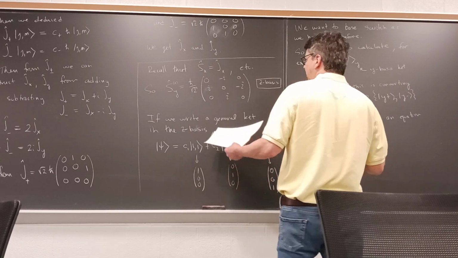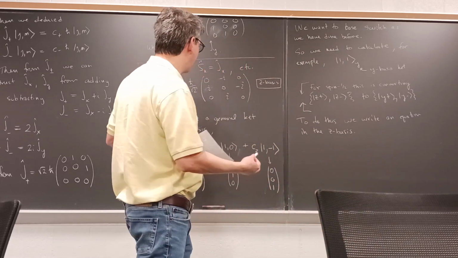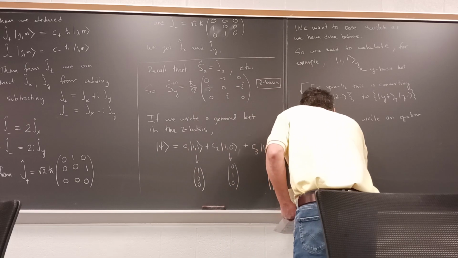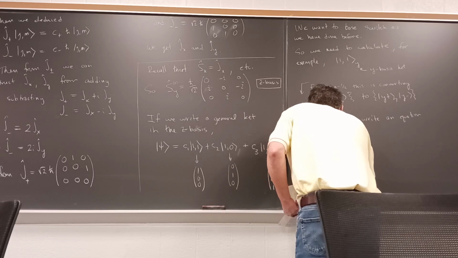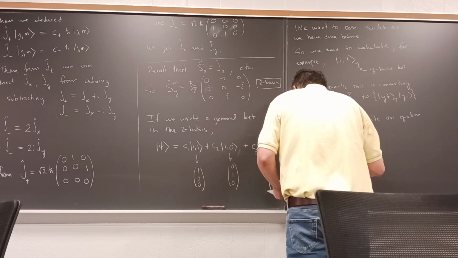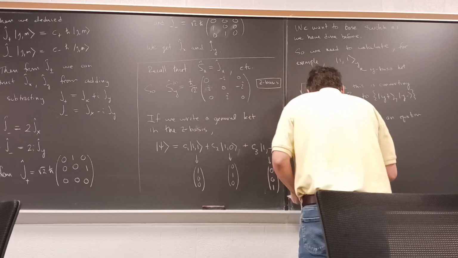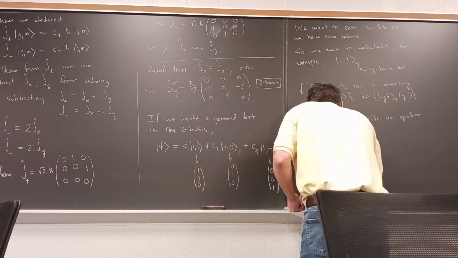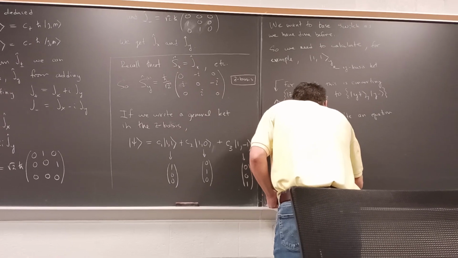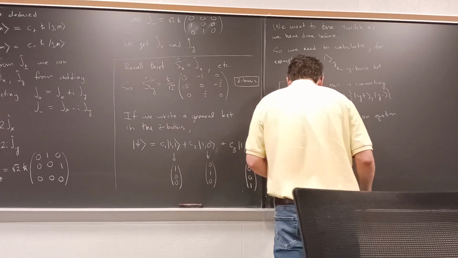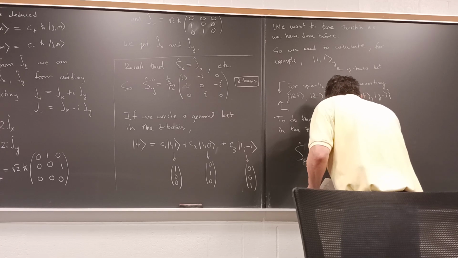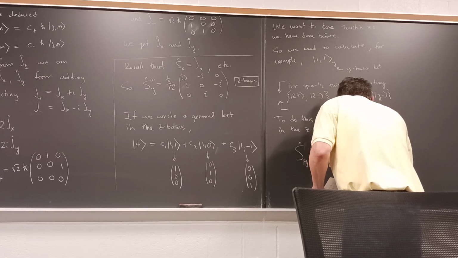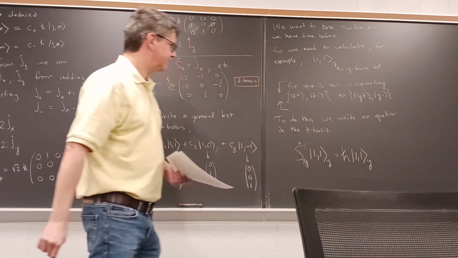So if we know, for example, that in the Y basis, I can write this equation: S sub Y on 1, 1 in the Y basis is equal to H bar times 1, 1 in the Y basis.